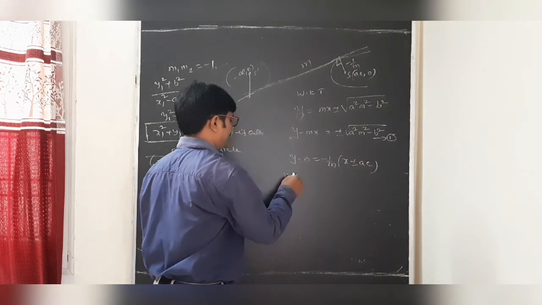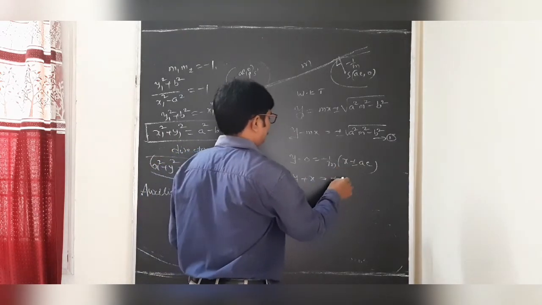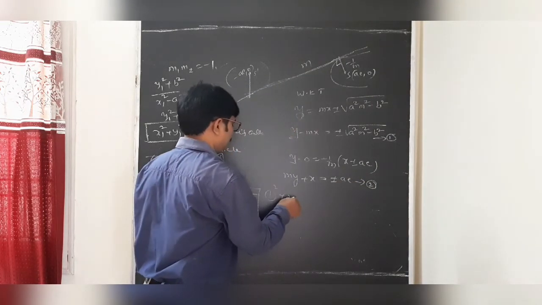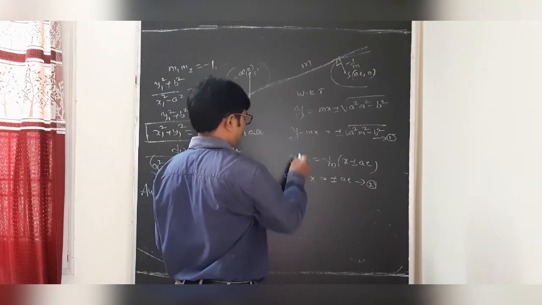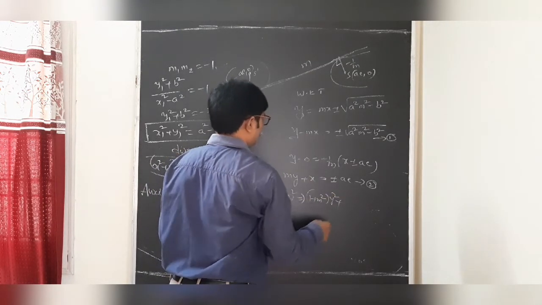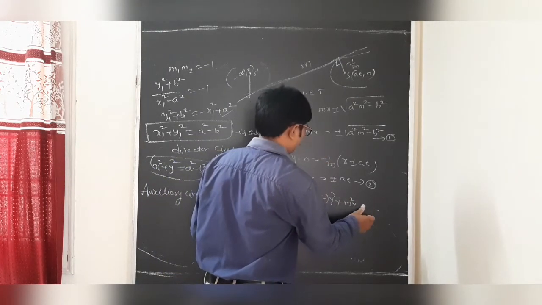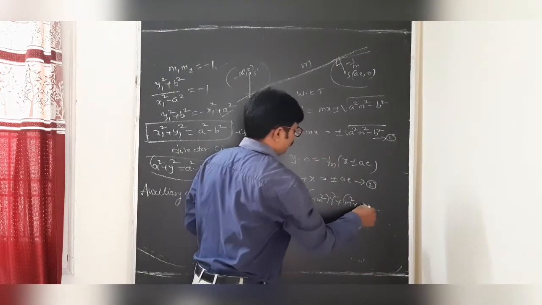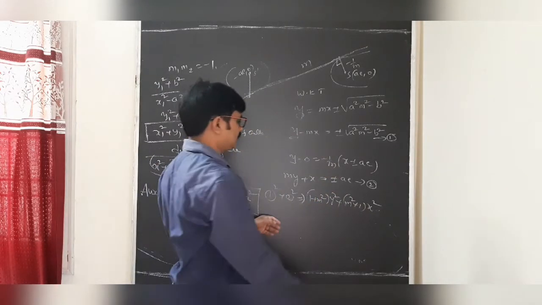Now, the sum of the squares: a square into (1 plus m square) into y square, plus b square into (m square plus 1) into x square, minus 2ab plus 2ab are cancelled.